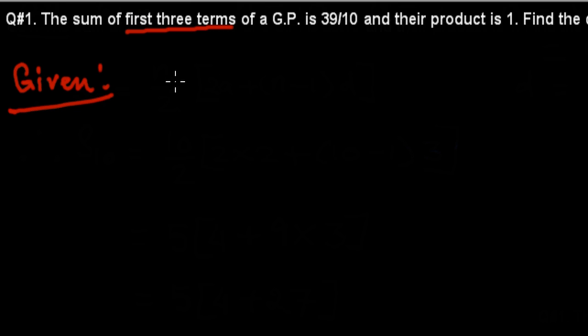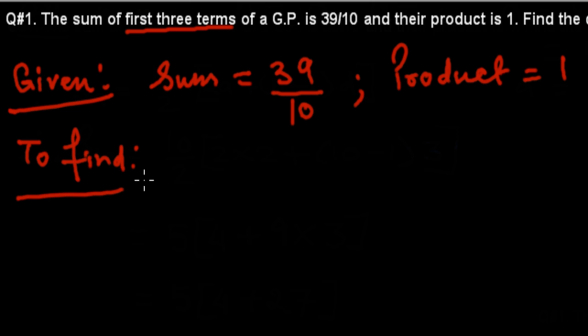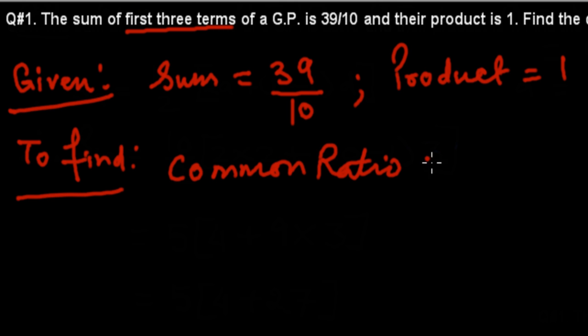They have given the sum of all three terms is 39 by 10 and the product is 1. What we have to find out is the common ratio r, and the terms.